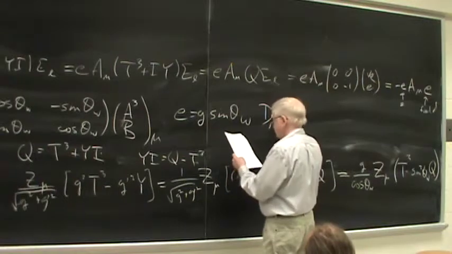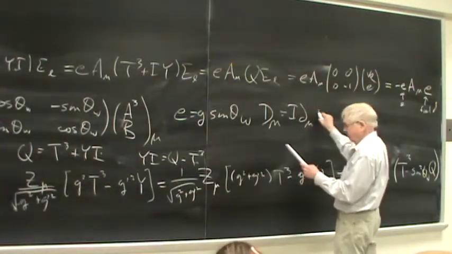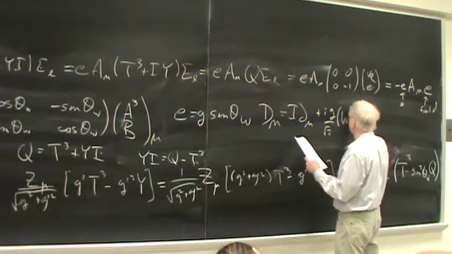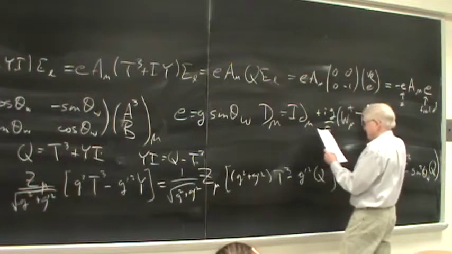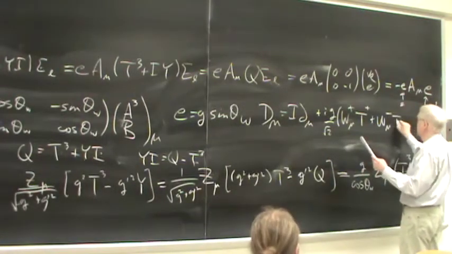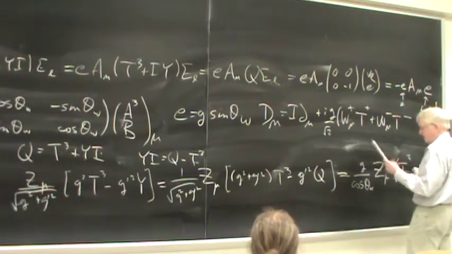looks like this. D mu is 2 by 2 identity, I d mu, plus I g over root 2, W plus mu T plus, W minus mu T minus. So that's why there was this choice, because people wanted to do that.